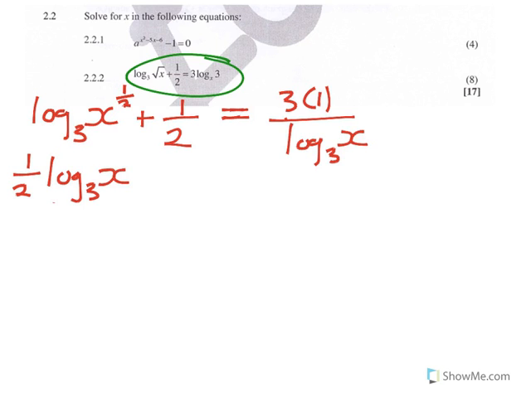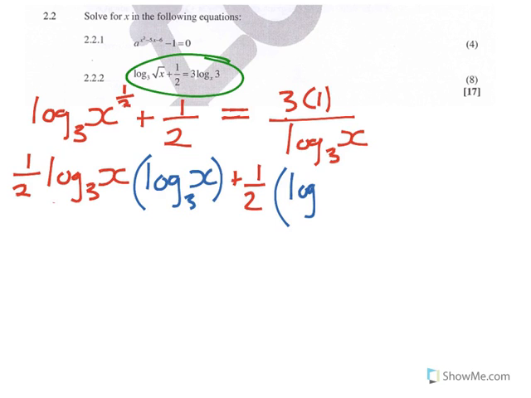Remember, I said we're multiplying everything now, by log base 3 of x, plus 1 over 2. Again, you're multiplying everything by log base 3 of x, is equal to 3 over log base 3 of x.